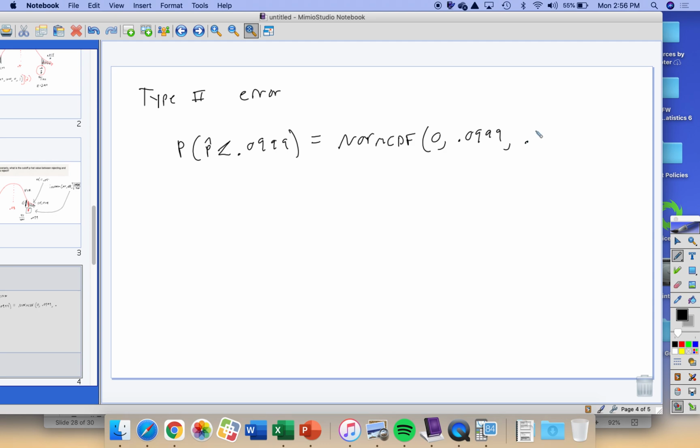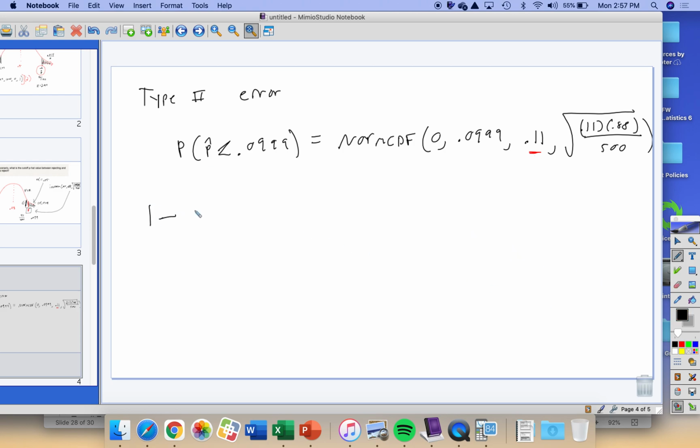My mean is now 0.11 because that's the actual parameter, and this is my standard deviation, 0.11, 0.88 over 500. Now this is the probability of type 2 error. This is the probability that I get a p-hat value where I'm going to fail to reject, but really I should reject it because this is the actual parameter.